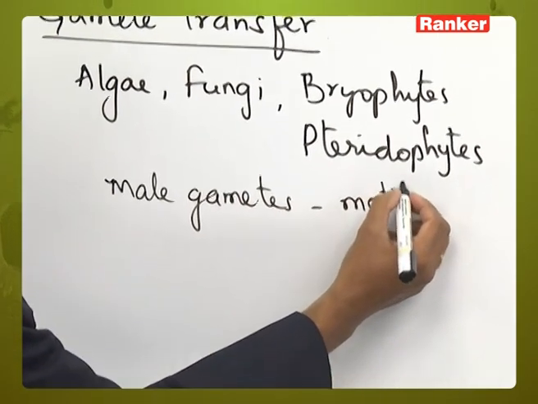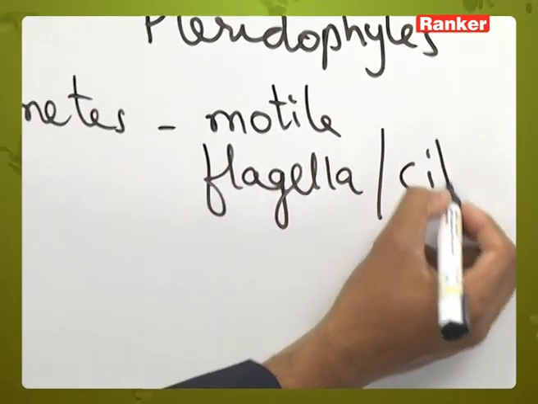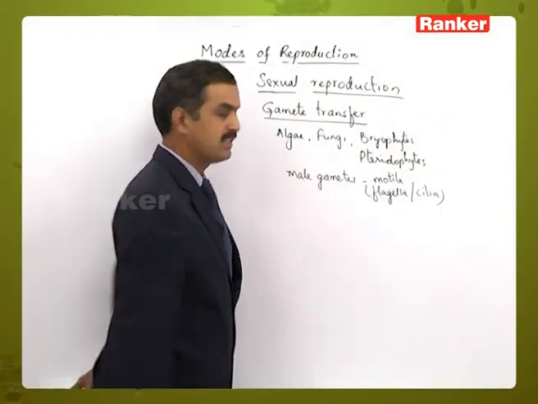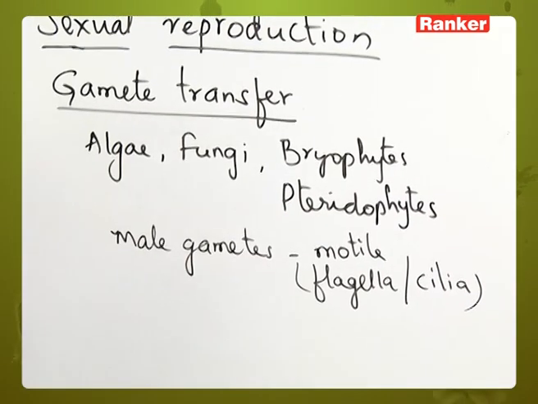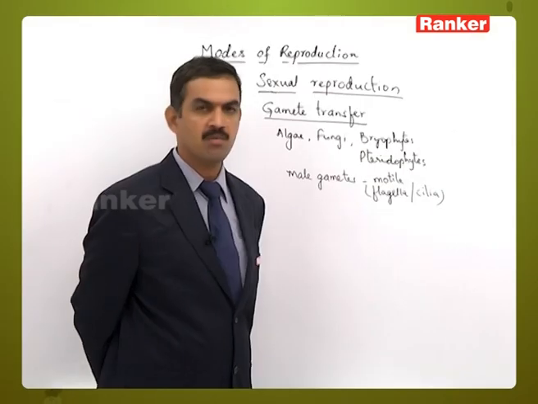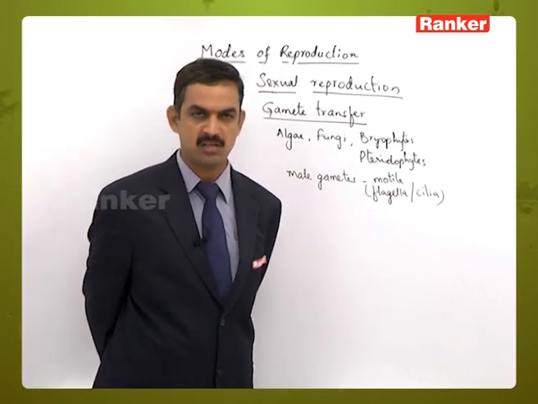So, they contain either flagella or cilia. With the help of the flagella or cilia, they will swim in the water and reach the female reproductive structures to participate in the fertilization process.